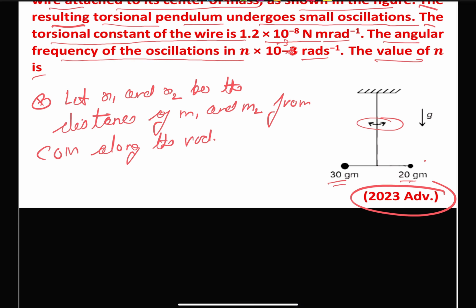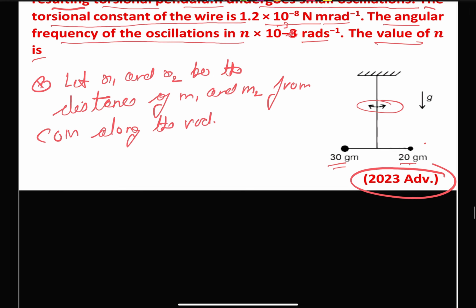Therefore, we can find out, so we can say that center of mass position from M1. Let us suppose this is our M1 and this is our M2.